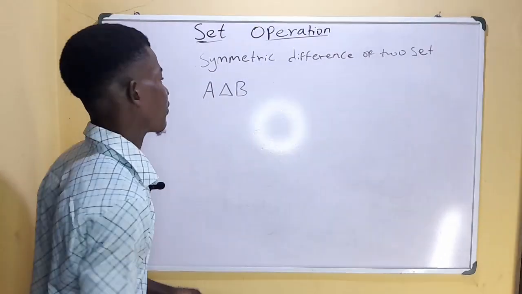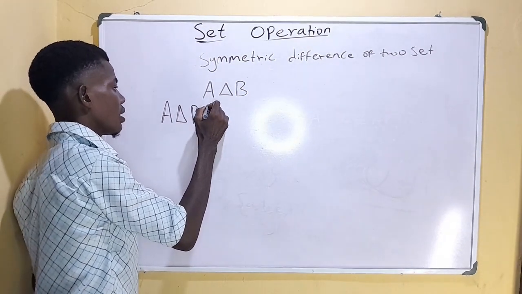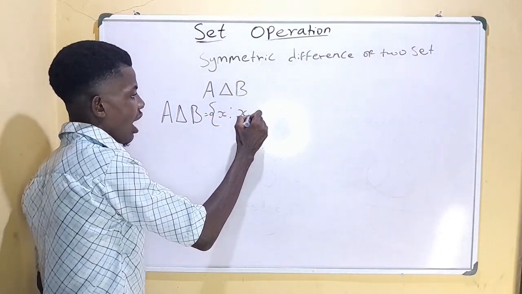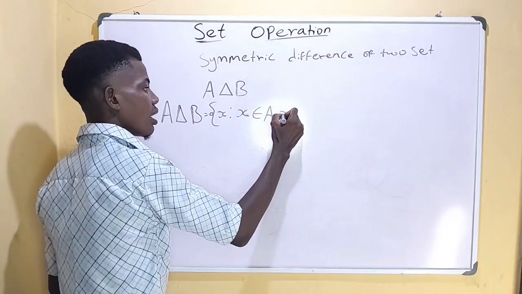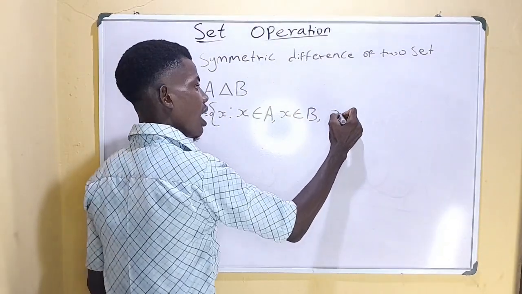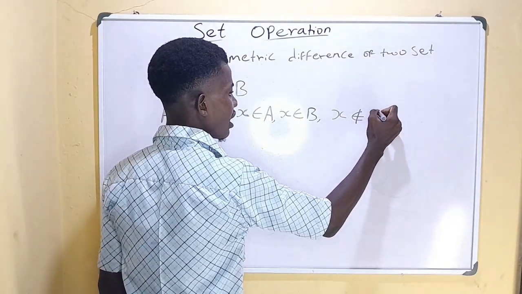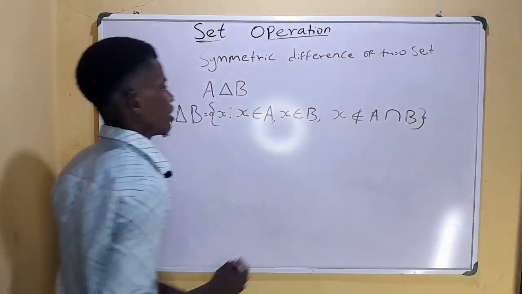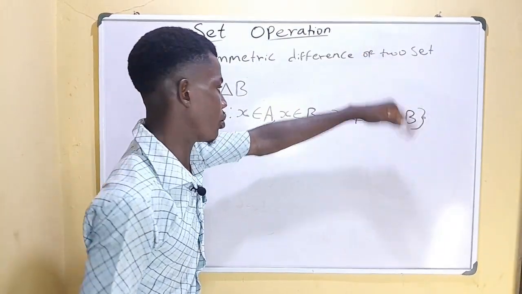We define a symmetric difference with this: x such that x is an element in A, or x is an element in B, and x is not an element in A intersection B. This is the definition of symmetric difference of two sets.